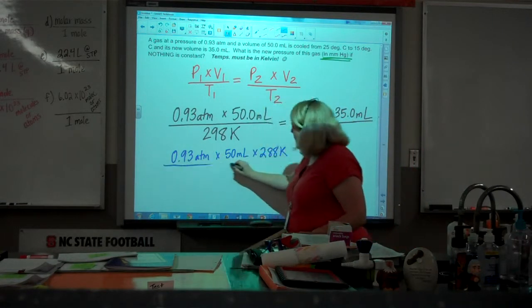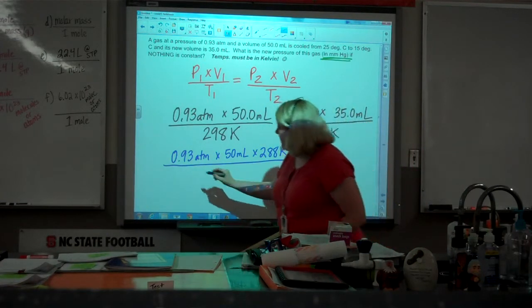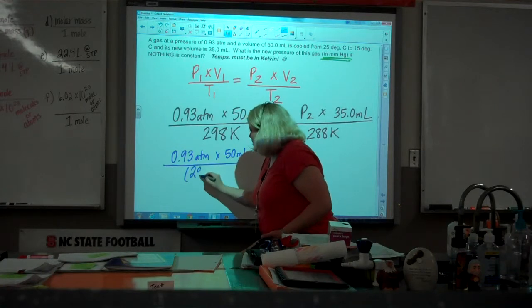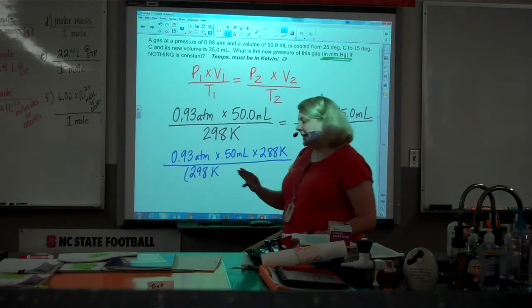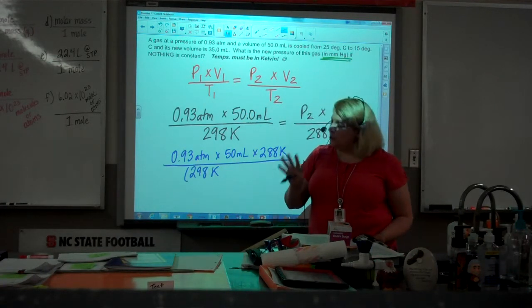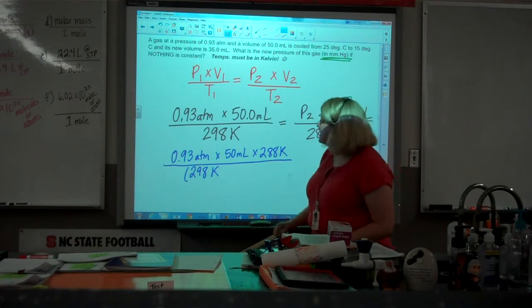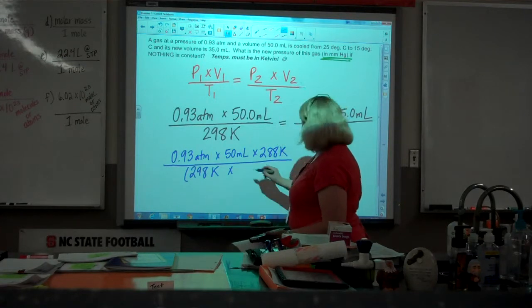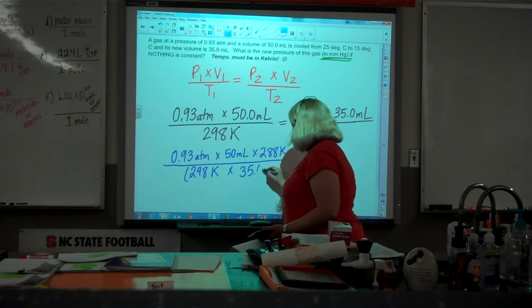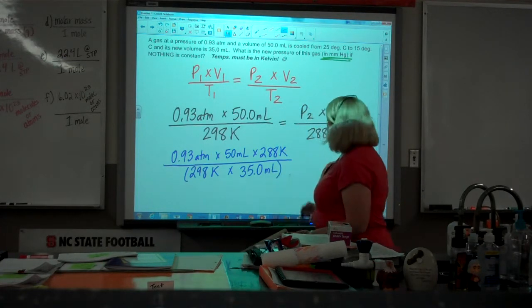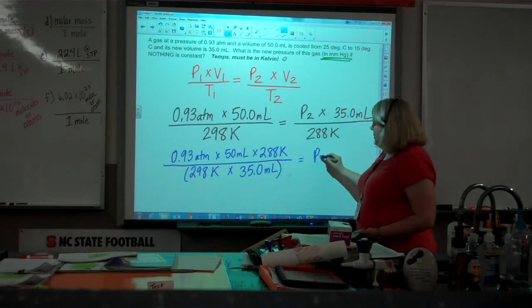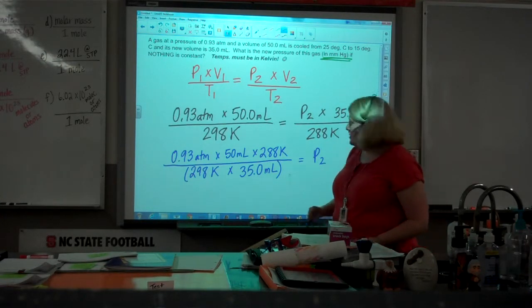And then I'm going to divide by the things that are with the missing variable. And when I divide by two numbers, remember class from chapters 10 and 12, when you divide by them, put them in parentheses. So 298 Kelvin, 35 milliliters. Okay?